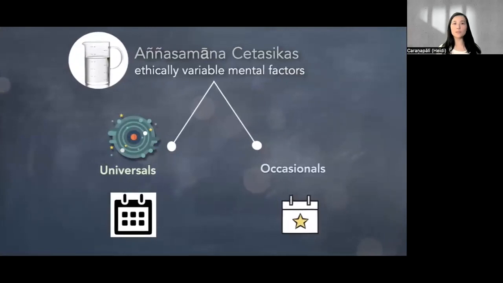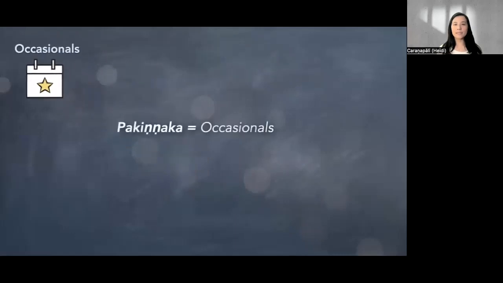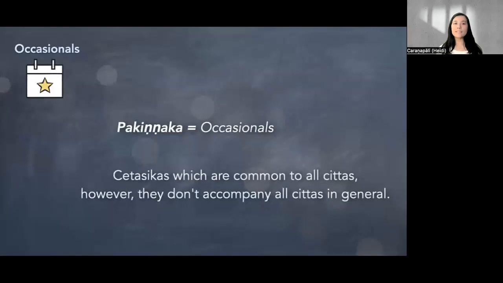Okay. So now we are going to look at those occasional ones. In Pali, it is called pakinnaka. So what does this occasional mean? Occasional means those are cetasikas which are common to all the chittas. However, they don't accompany all chittas in general. That means they will arise with some chittas, but they will not arise with all chittas.